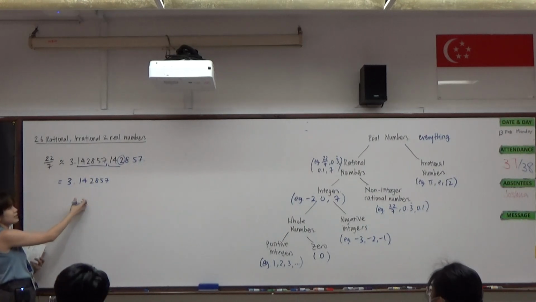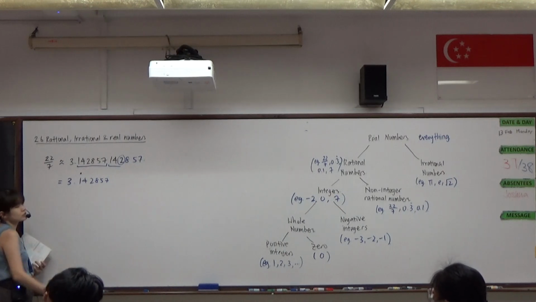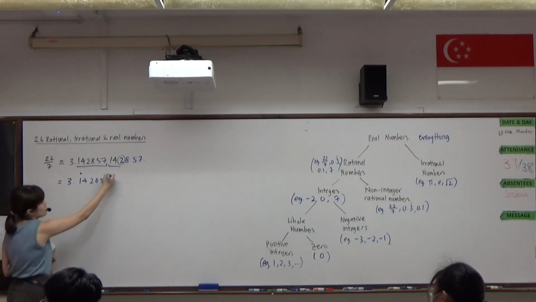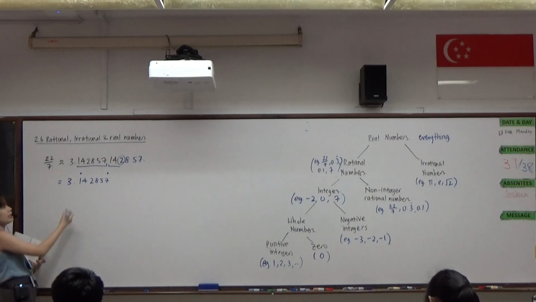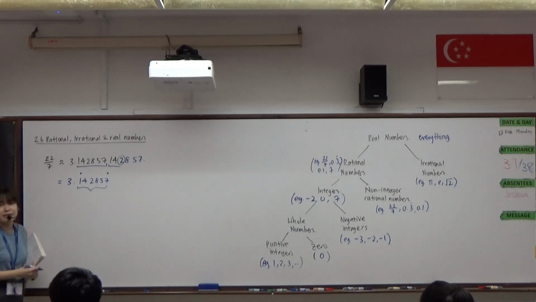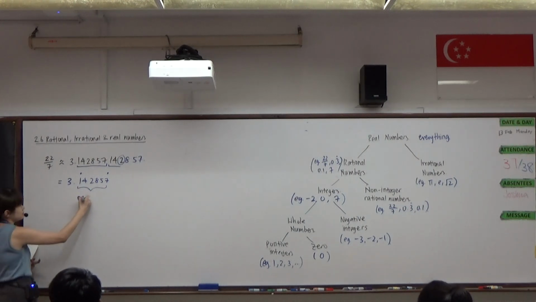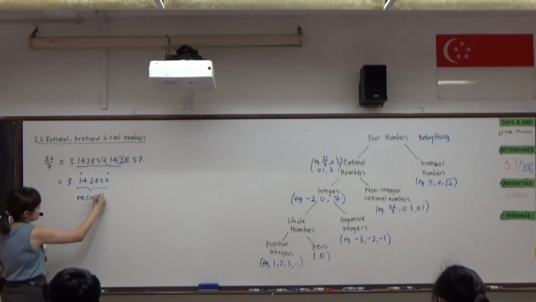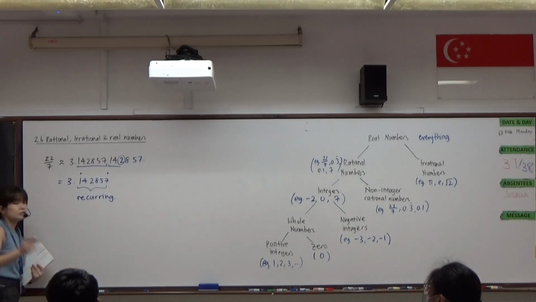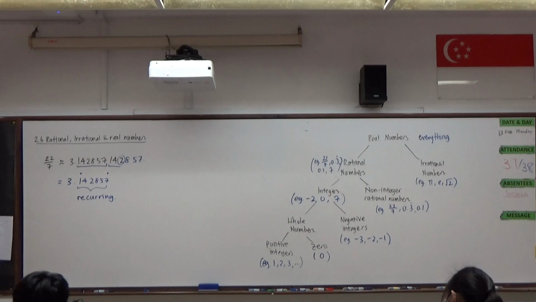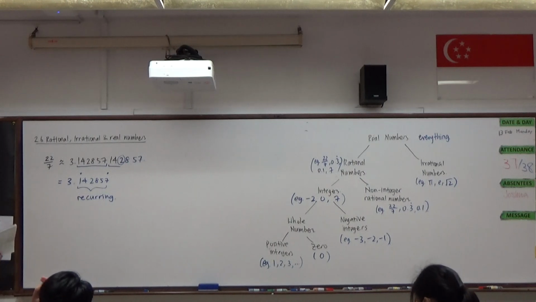And to represent it as a recurring decimal, we put a dot on the first digit and a dot on the last digit, to mean that this is being repeated. So we only put a dot on the first digit and last digit of the recurring set. We don't need to put a dot on every single digit.